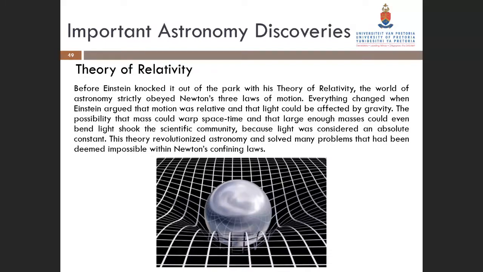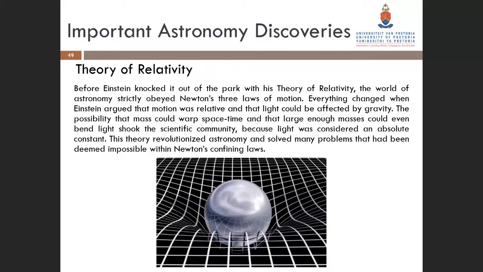So the next important discovery is the theory of relativity. Before Einstein knocked it out of the park with his theory of relativity, the world of astronomy strictly obeyed Newton's 3 laws of motion. Everything changed when Einstein argued that motion was relative and that light could be affected by gravity.